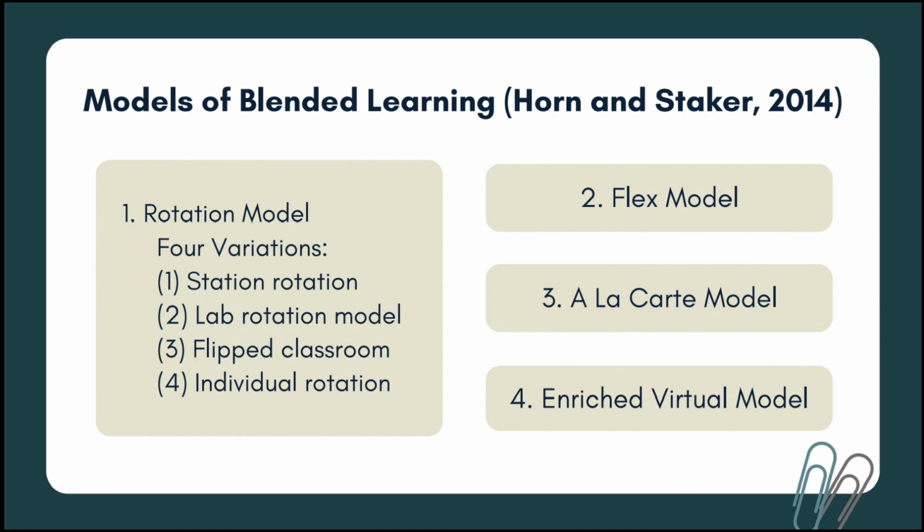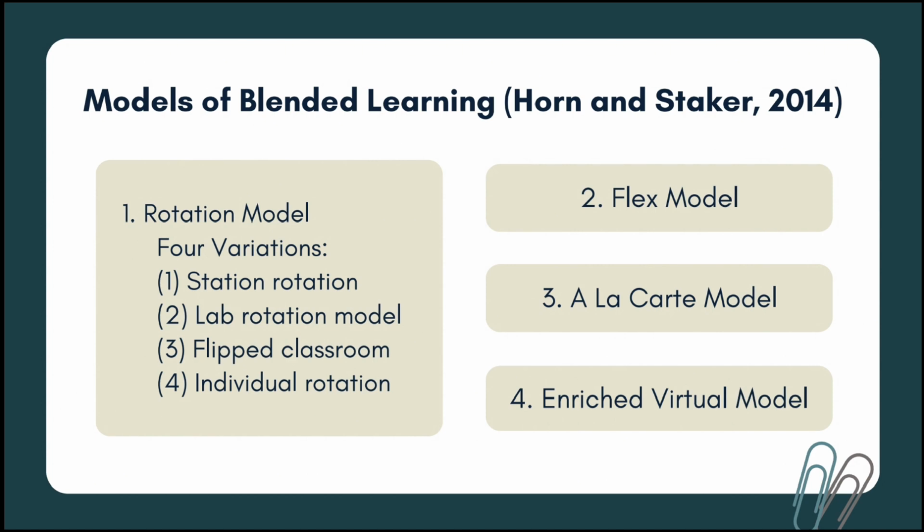Instead of learning inside the classroom and doing assignments at home, students learn online away from the learning site or the classroom, such as through video lessons and reading materials, and then attend face-to-face classes to accomplish tasks facilitated by the teacher.